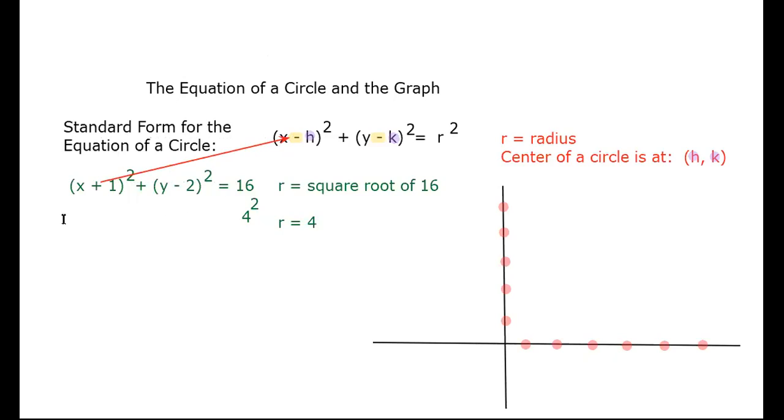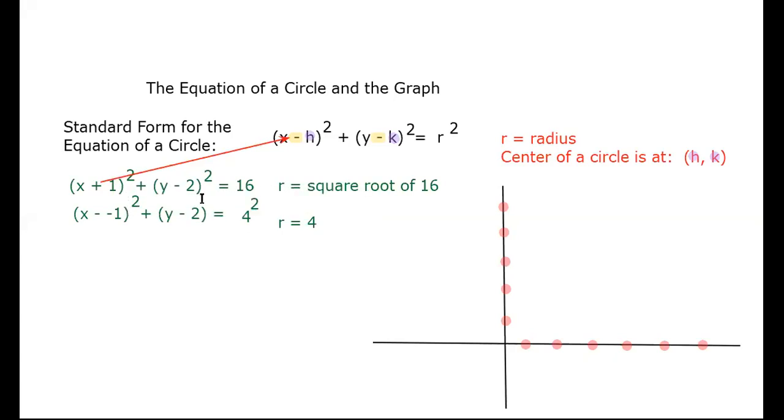In addition and subtraction with positive and negative numbers, when you have x minus negative 1, isn't that the same as positive 1? And if you said yes, you would be right because it is. And that's exactly what we have there.